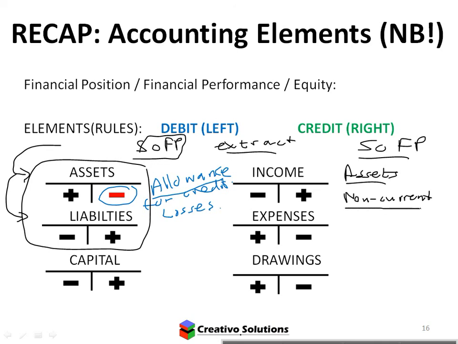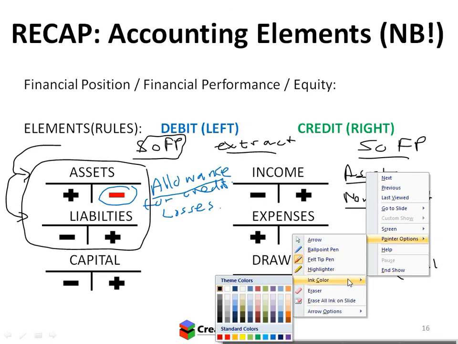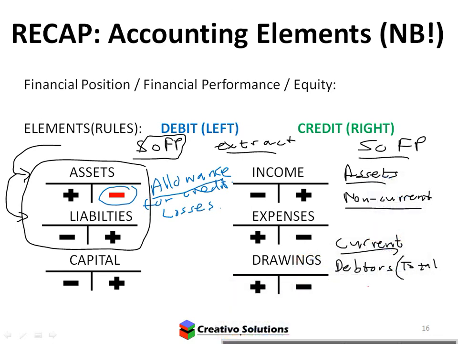And then what am I going to show under non-current? Nothing. But under current, I'm going to show what? Trade and other receivables, or debtors. Okay, and debtors is going to be shown as brackets, the amount, so the total, okay, the total less the allowance for credit losses.